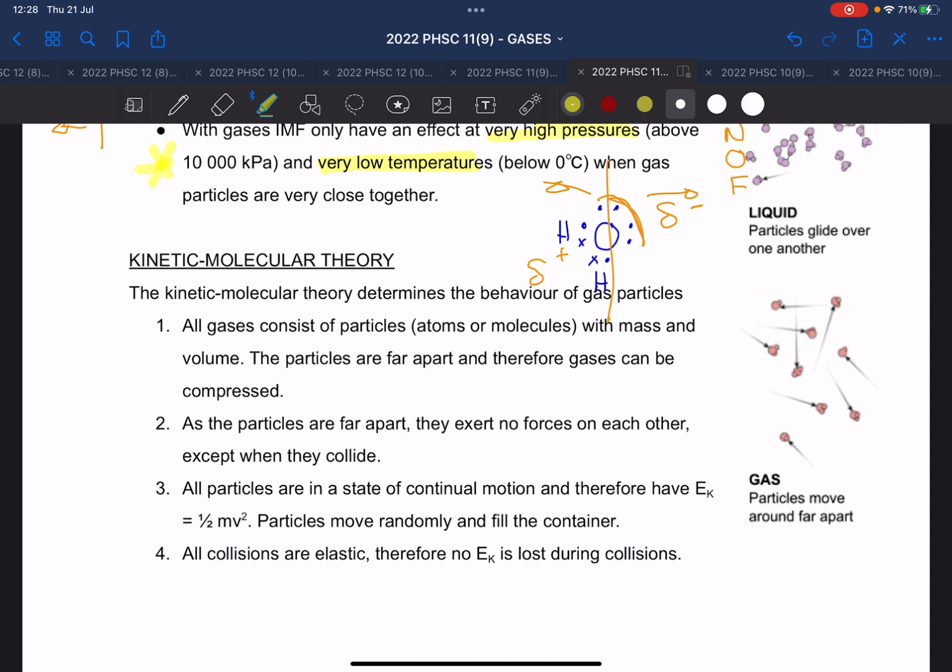So this theory determines the behavior of a gas. All gases, like all other materia, consist of particles. These particles have a mass and a volume. They are far apart, and gases can be compressed.